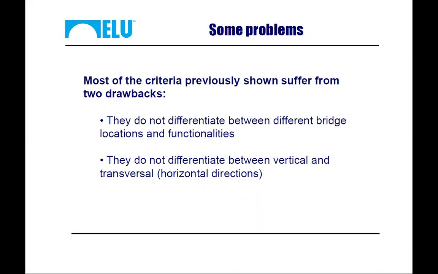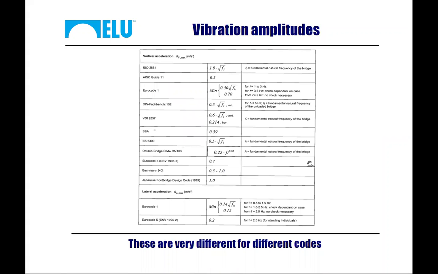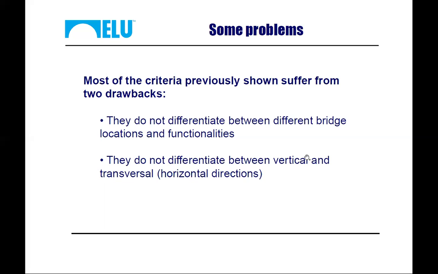Talking about these criteria in vibrations amplitude, there is one problem with most of the codes. First of all, most codes do not differentiate between different bridge locations and functionalities.